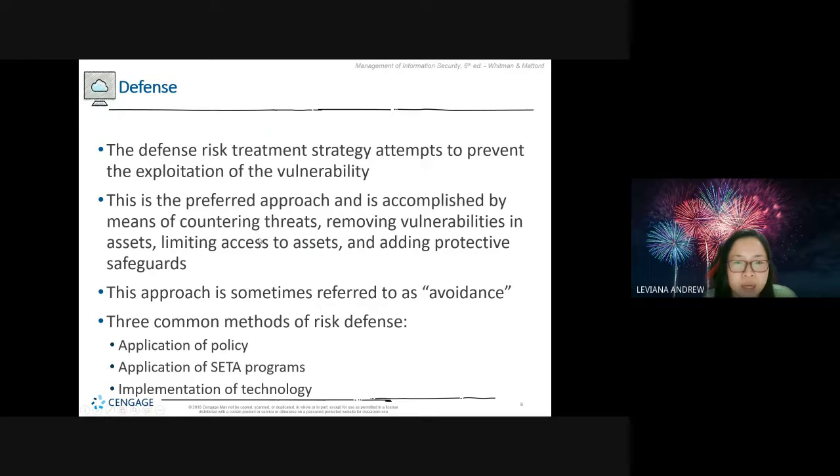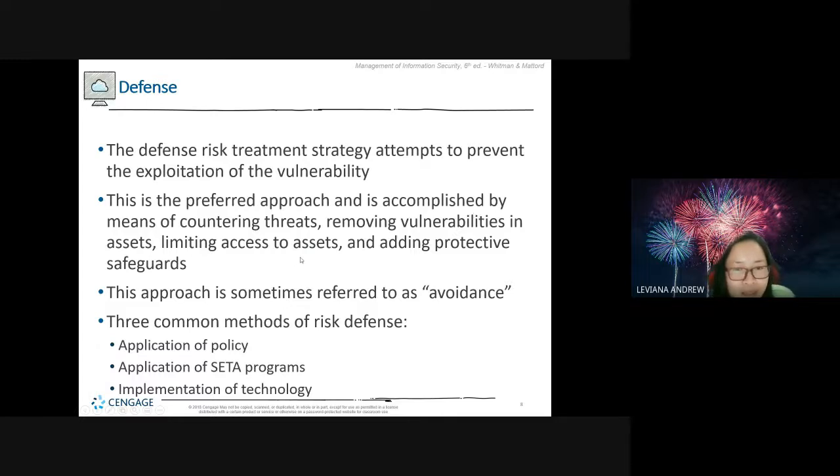Any organization can use antivirus, firewalls, and network security for the defense strategy. The first is countering threats and removing vulnerabilities in assets. So identify all of the assets, whether they can be exploited or not. If they can be exploited, then you have to remove the characteristics of the asset that have vulnerabilities that can be exploited.